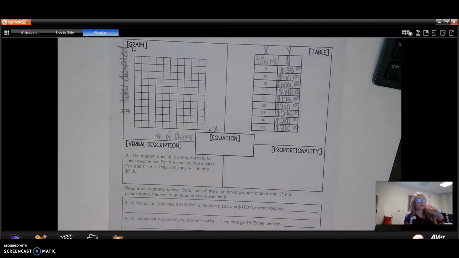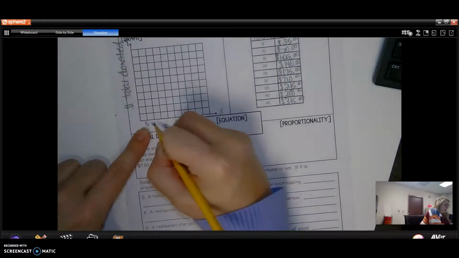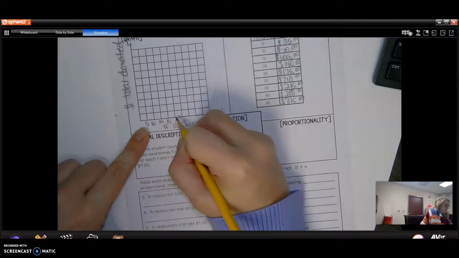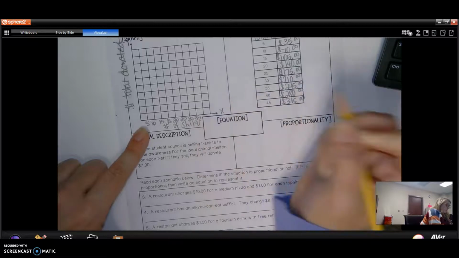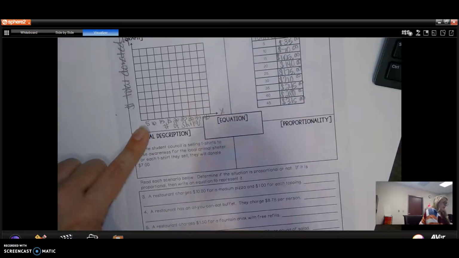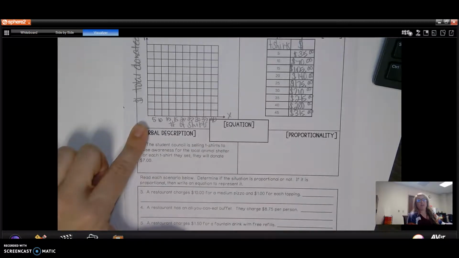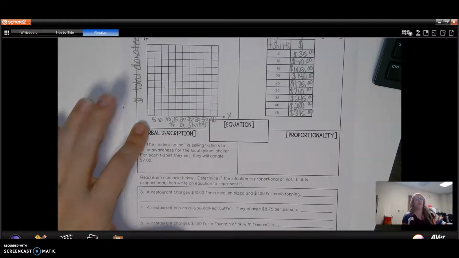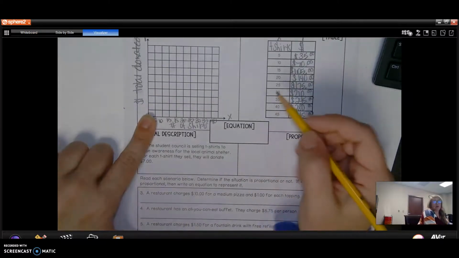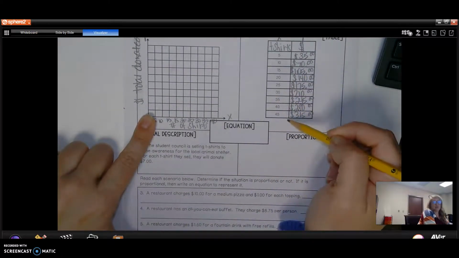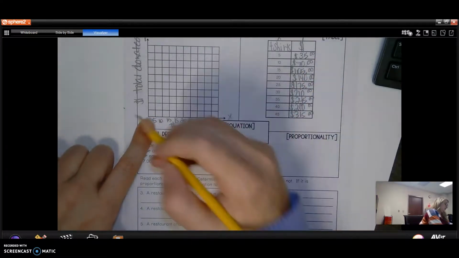Down here, we can use increments of 5 because that's what happened in our table. And it's okay if the whole thing doesn't fit. We're just trying to get the idea. On this side, it might be helpful to do increments of 30 or increments of 40, since we go anywhere from 35 to 315, or we could do increments of 35 if we wanted to.